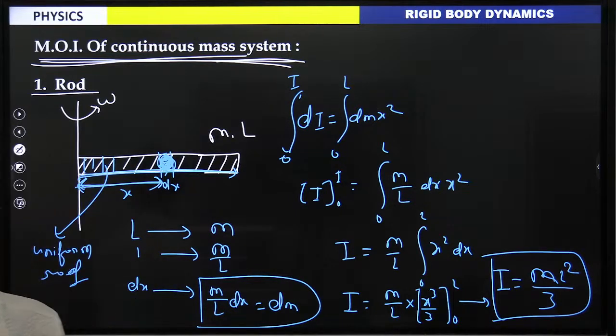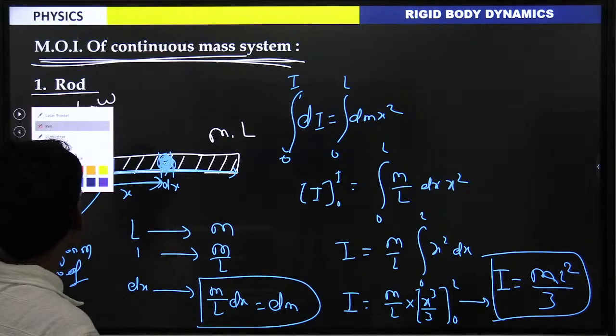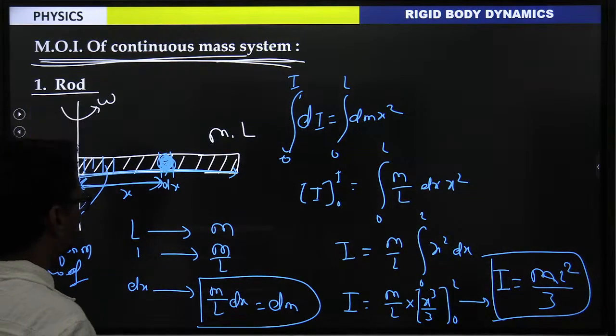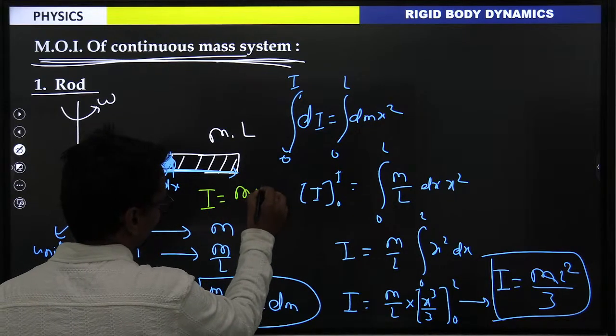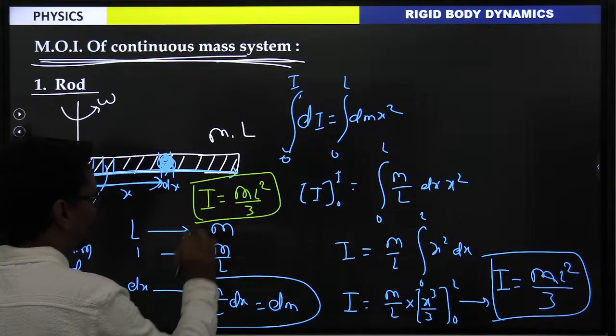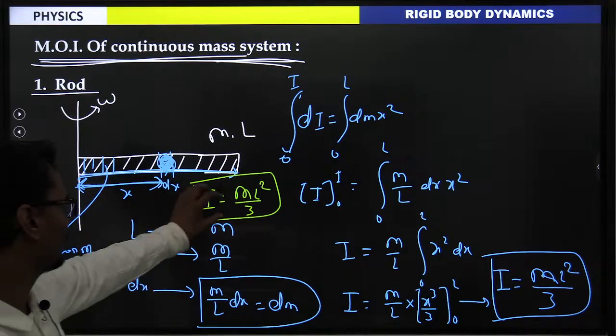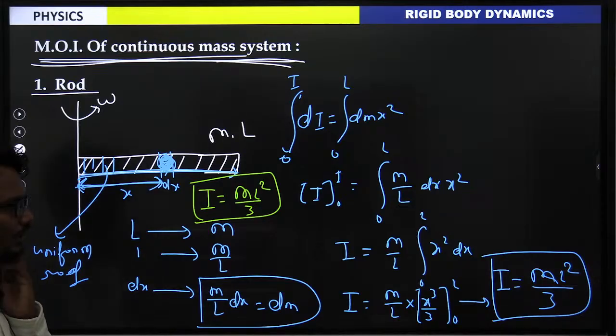Clear? Now you can remember this result. We can simply write I is equal to m L square upon 3, and I hope all of you will remember this important result. Clear? Now I am going to find the moment of inertia of the second case of this rod.